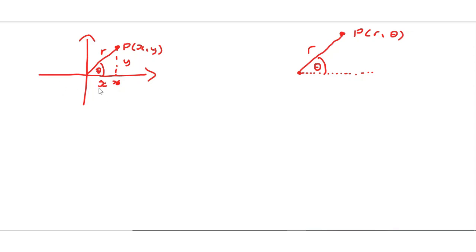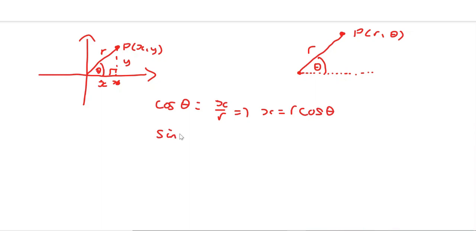Bear in mind this is a right angle triangle, so we can use trigonometry to start converting between these forms. Cos theta is equal to the adjacent over the hypotenuse, that's equal to x over r, and that implies that x is equal to r cos theta.